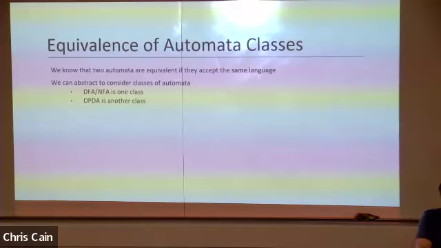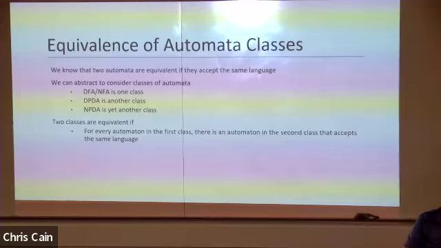We had the deterministic context-free languages and then context-free languages. If we have different classes of languages, then we could say that for every automaton in the first class, there's an automaton in the second class that accepts the same language, if they're equivalent, and vice versa.